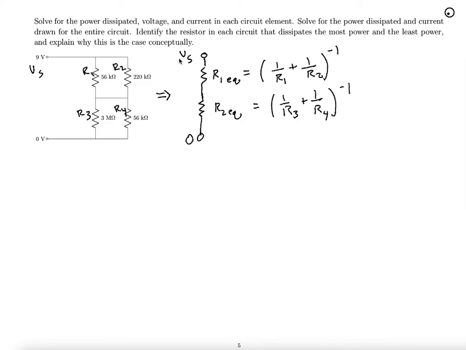So those are expressions for these two equivalent circuits, and then we'll turn those into a single resistor, R equivalent 3, which is just R equivalent 1 plus R equivalent 2.